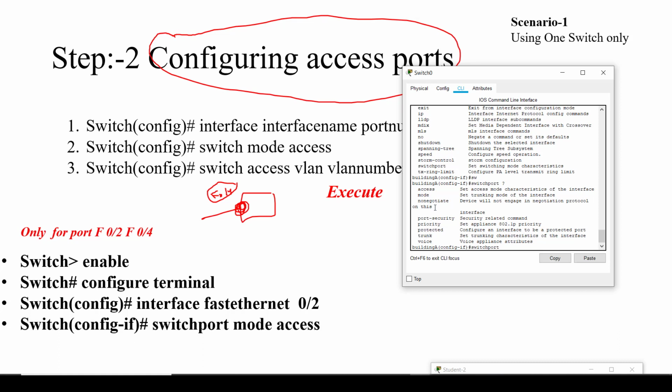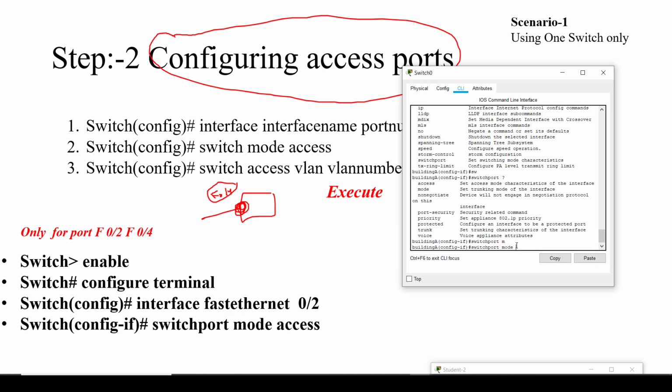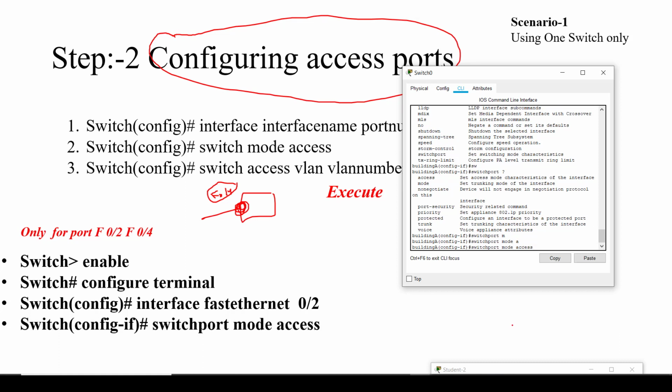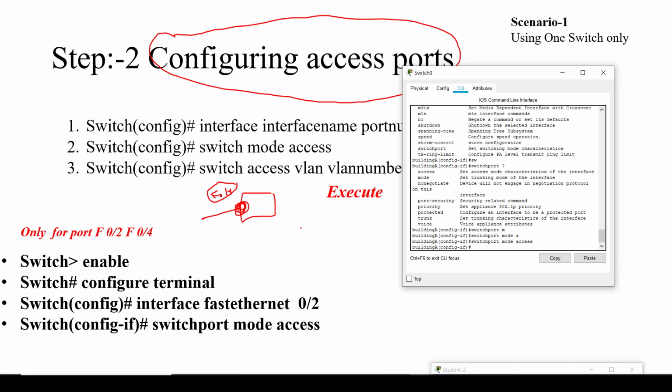There are lots of other advanced features you can configure, but here we are going to move the port from the default VLAN to a specific student VLAN. I will also explain the main concept of an access port. So what is the meaning of access port? Access, and press enter.